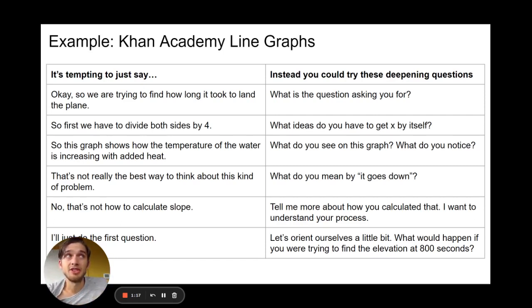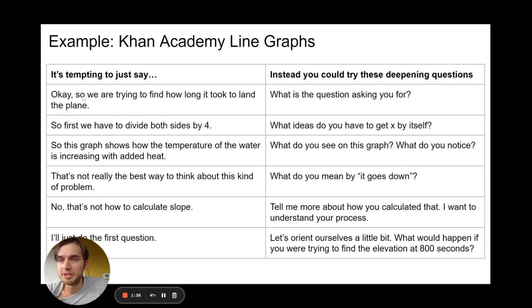Because it's tempting to just jump into things, and it's tempting to take over early. The goal is for us to take a step back and think of how I could expand the student's engagement and participation in the process of tackling this question.